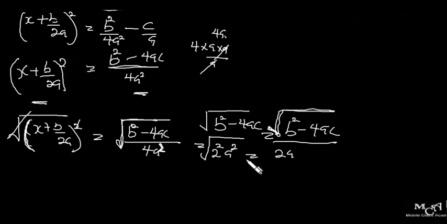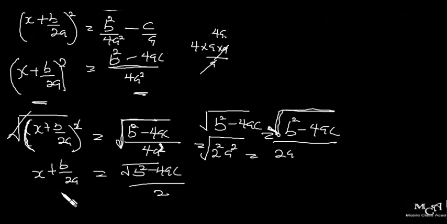If we find the square root of 4a squared, we are going to have 2a. But we cannot get the square root of this because it's not a perfect square, so we are leaving it under the square root. Therefore, x plus b over 2a equals the square root of b squared minus 4ac over 2a.